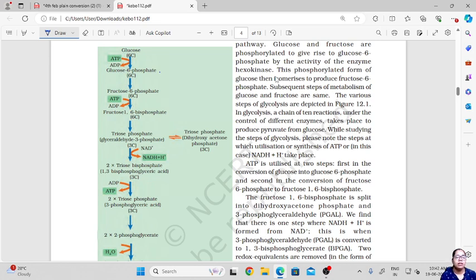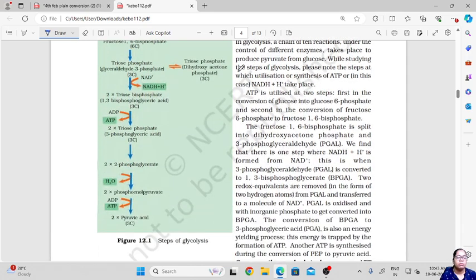Then after that it is converted to fructose 6 phosphate, then fructose 1,6 bisphosphate, then triose phosphate, then it gets converted to 1,3 bisphosphoglyceric acid, then phosphoglyceric acid, then it forms phosphoglycerate, and then phosphoenol pyruvate.